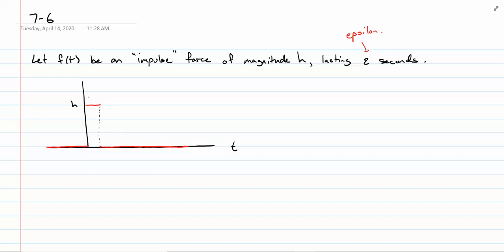It's 0, then it jumps up to a constant h, and then goes back to 0 on the t-axis right there. So our impulse force starts at 0 seconds and ends at whatever epsilon was, which is a very small positive number.